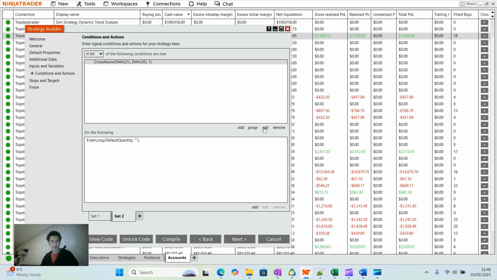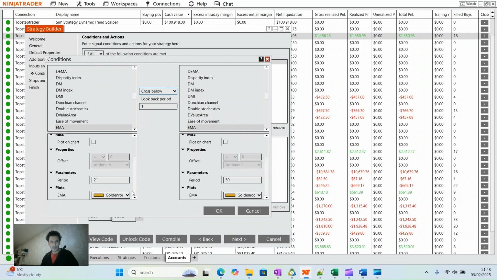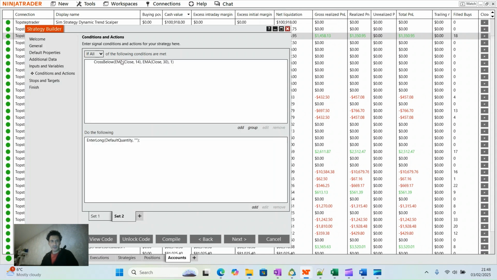Now I want a very simple exit. If it crosses below, I wanted a faster one, so I'll do a 14 here, and I'll put 30 randomly here. This is when the faster one crosses below.